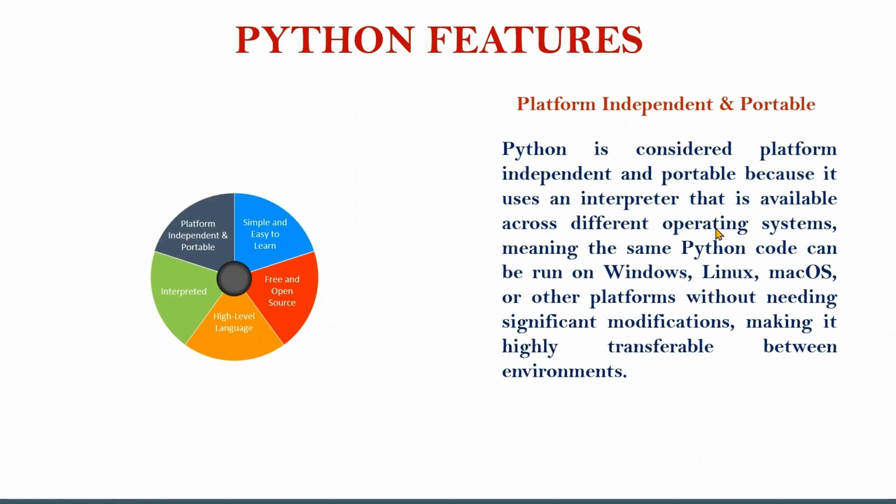Now coming to the next one, we have platform independent and portable. As we see, some other languages are also platform independent. Similar to that, Python is also platform independent, where it can run its code on any operating system, and it is easily transferable from one system to the other, so that it can execute directly.